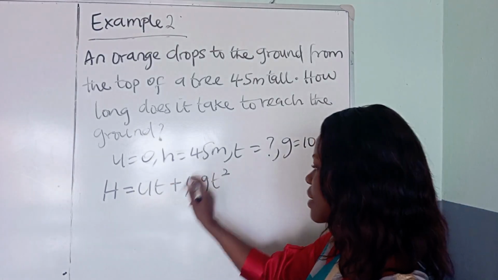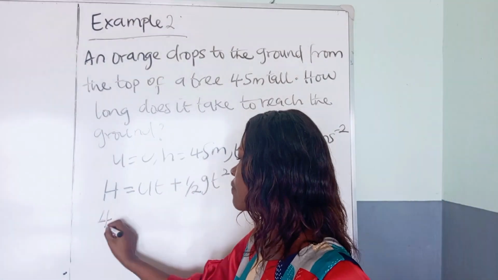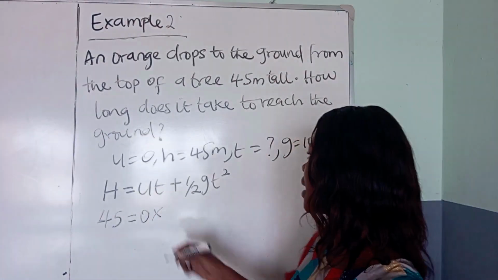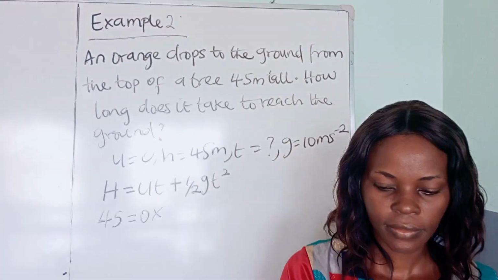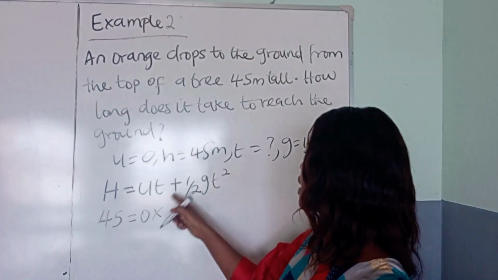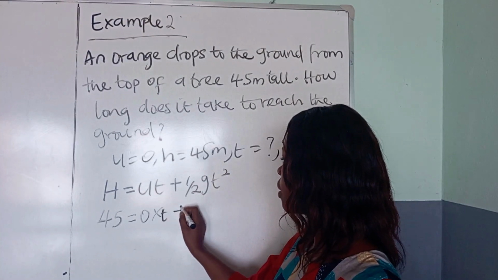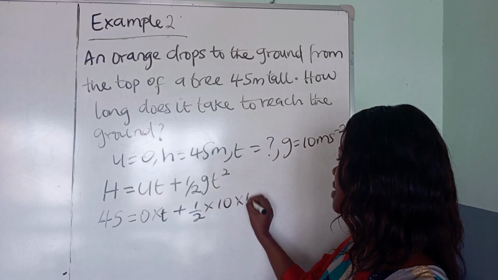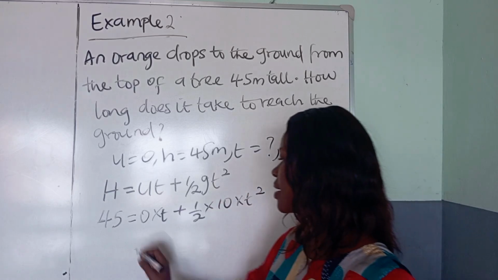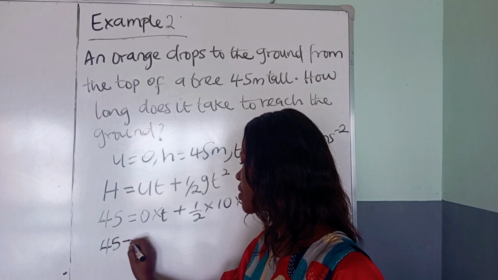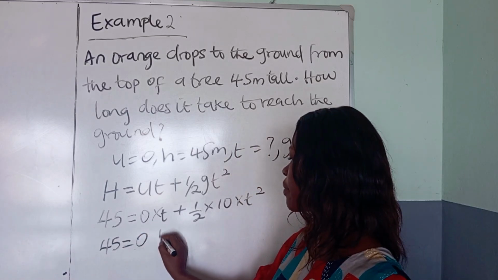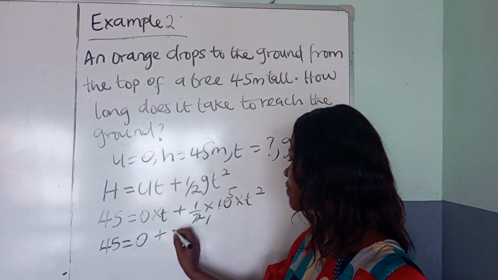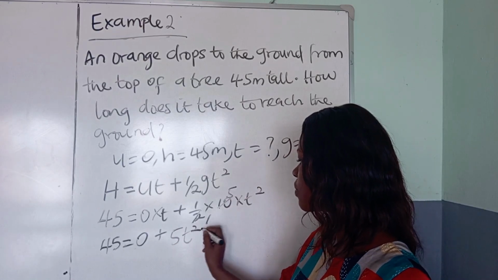So what is my height? 45. 45 is equal to my u, which is 0, times my time, which is what I'm looking for, plus half times my g, which is 10, times t squared. This automatically becomes 0, plus I can divide this to give me 5t square.